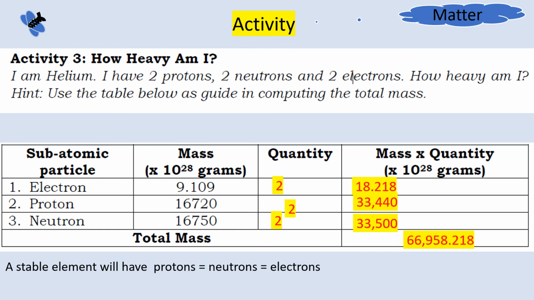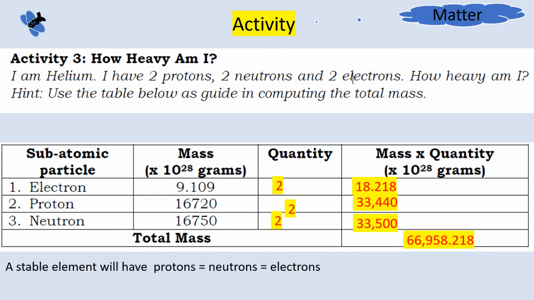How heavy am I? We know that there are 2 electrons. The quantity of electrons is 2 times its mass, which will give you 18.218.